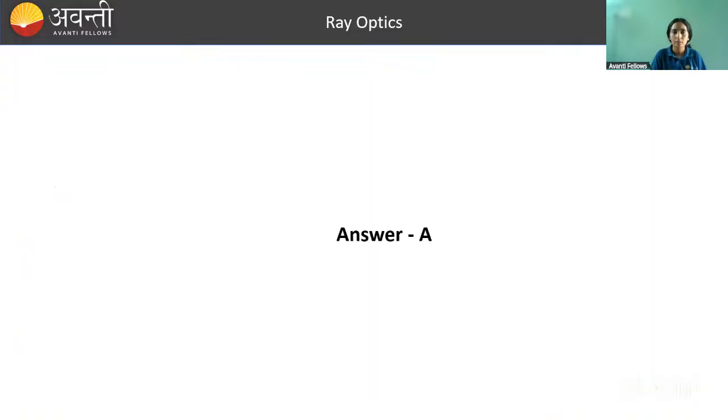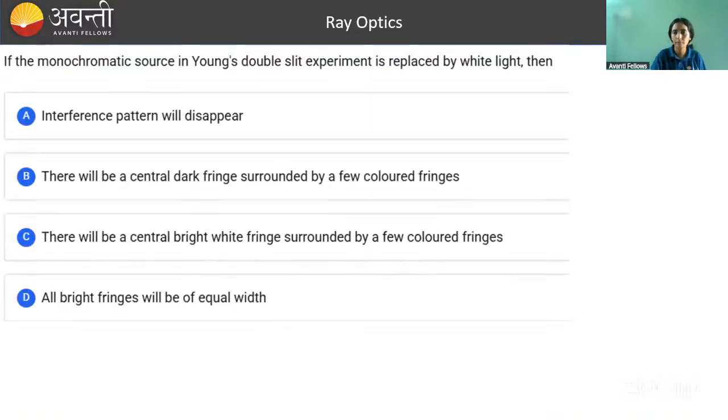Okay, let's go. Now do this question, everyone. This question is also given in your NCERT inbox.